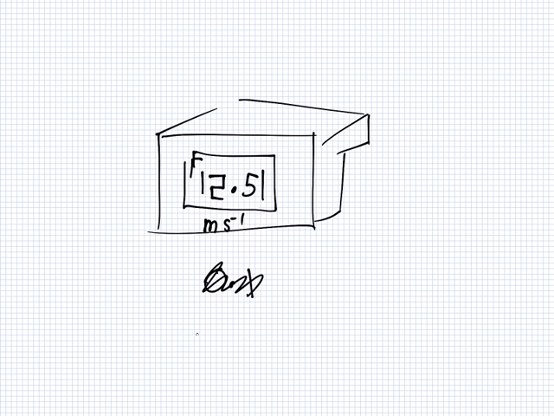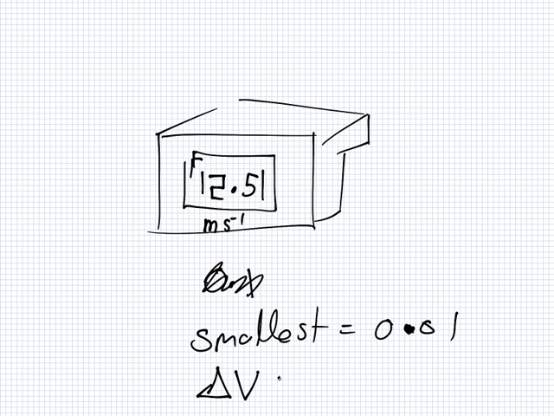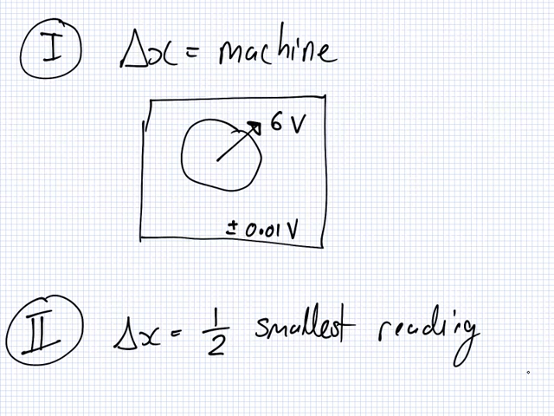So what's the smallest reading? 0.01. So that means the uncertainty in measuring the speed is 0.005. Now that's one way to calculate it. There are many ways to calculate it. That's just one way. Is that okay? Yeah. So that's the second method.